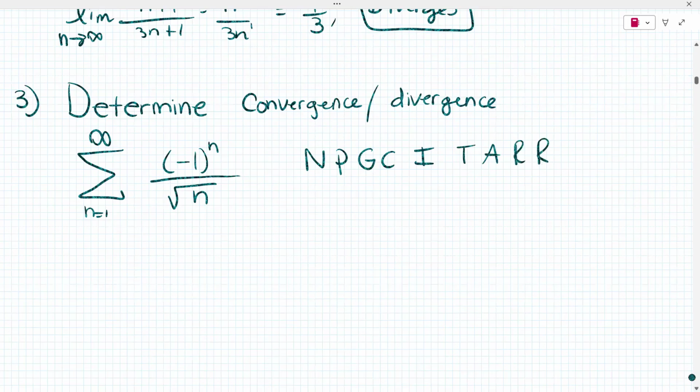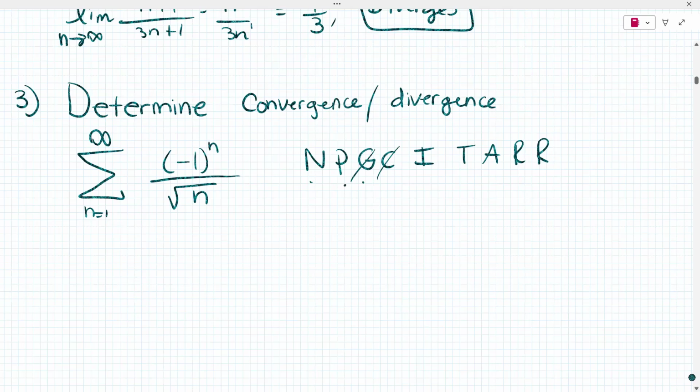So I don't think we'll have an n series. I don't think we'll have a p-series. I don't think we have a geometric comparison. What's the other one? Integral, telescoping.